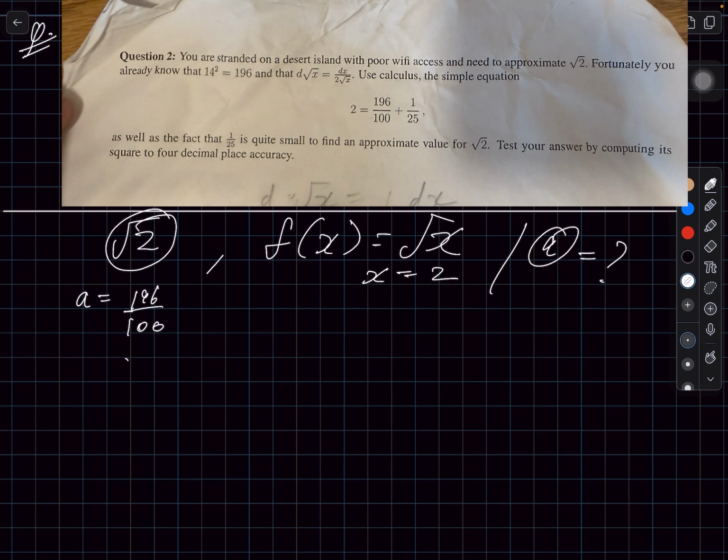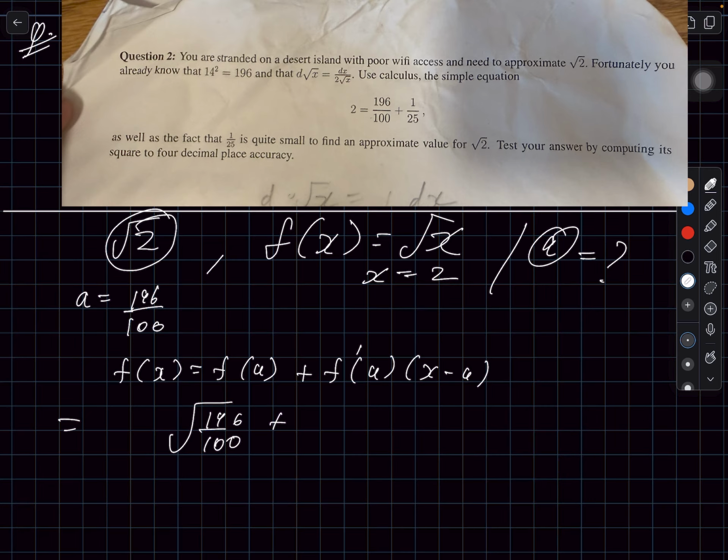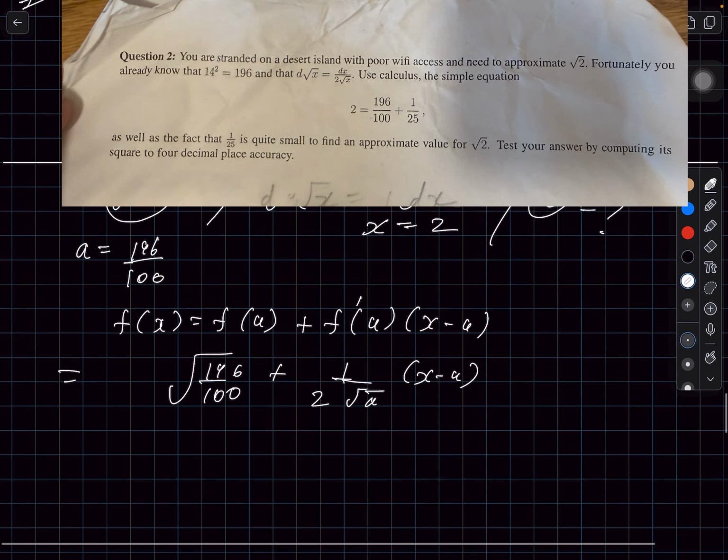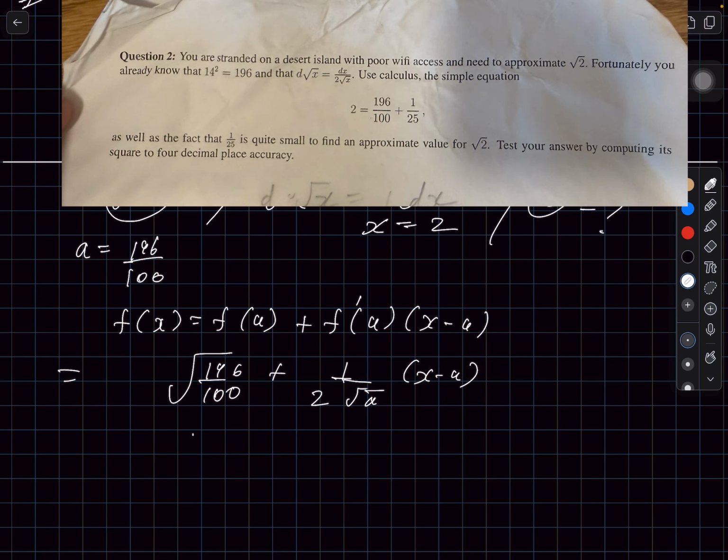So we'll put in the equation f of x is equal to f of a plus f of a dash times x minus a, and then we can find it. So f of a is the root of 196 by 100, plus the derivative, which is 1 over 2 root a, times x minus a. And x minus a's value is already given: 2 minus 196 by 100 is 1 by 25.